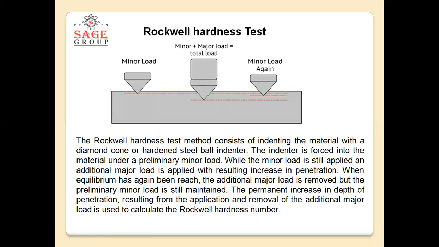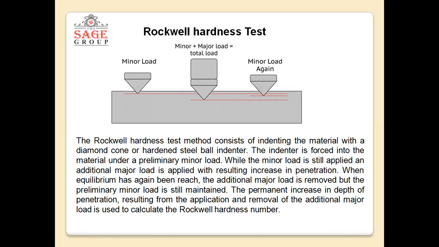In Rockwell hardness, a diamond cone or hardened steel ball is used as an indenter, and the minor load is still applied. An additional major load is applied with a resulting increase in penetration. When equilibrium is reached again, the additional major load is removed, but the minor load applied earlier is still maintained.